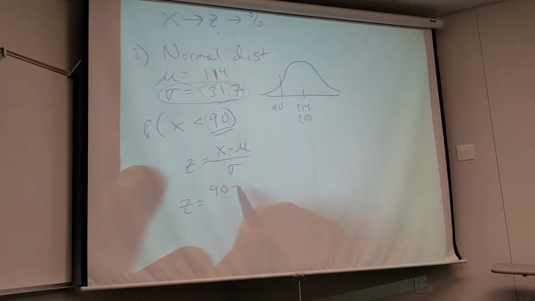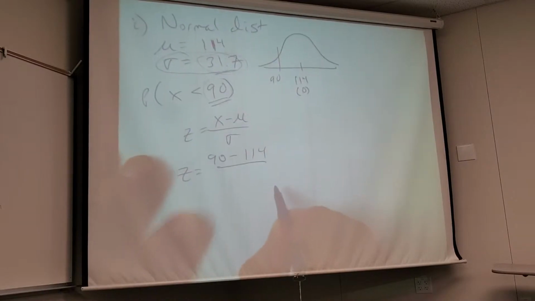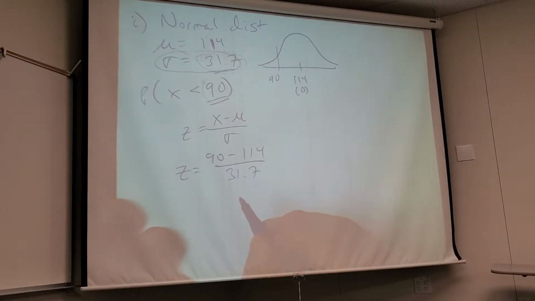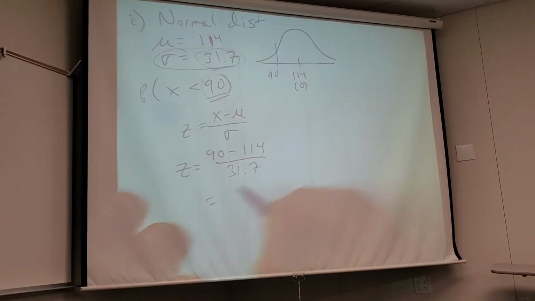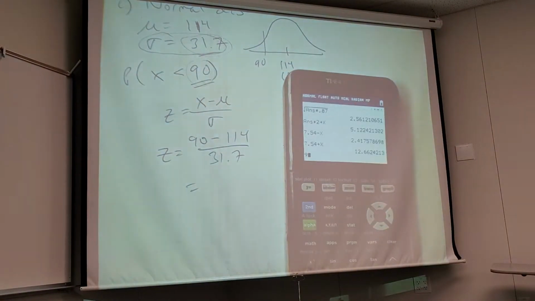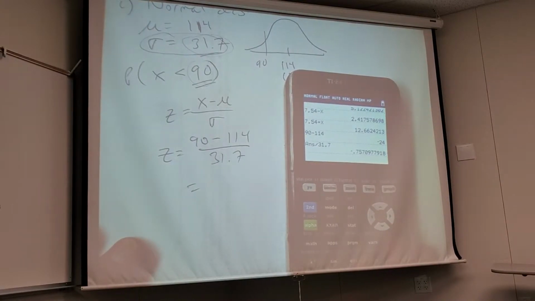So 90 minus 114 divided by 31.7, and then whatever that is. So I get that.